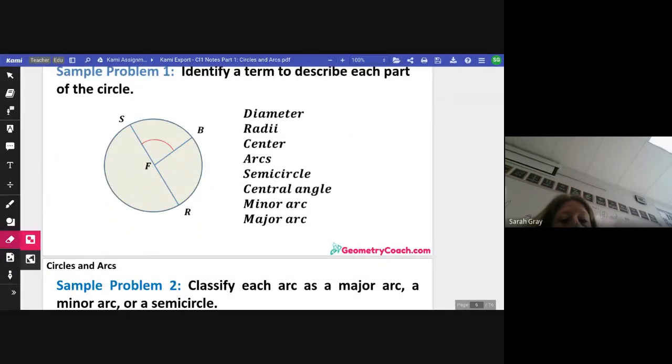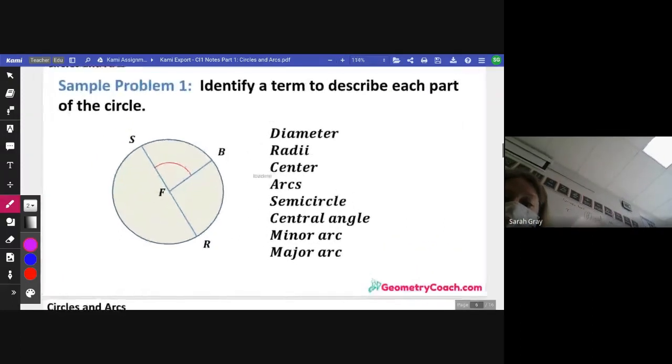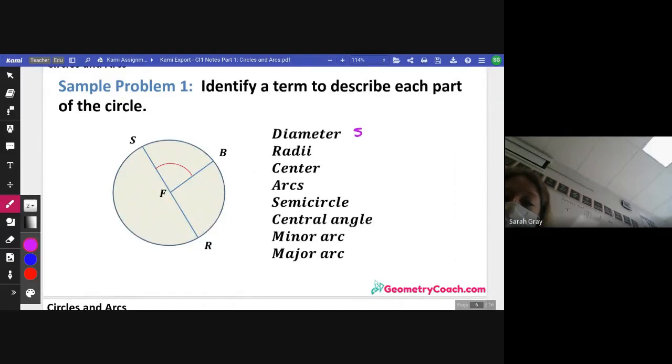All right, we're going to label the parts that go with each thing. What's the diameter in this circle? SR. What symbol goes above it? A line segment, because the diameter is a line segment. Okay, radii, there's multiples here.